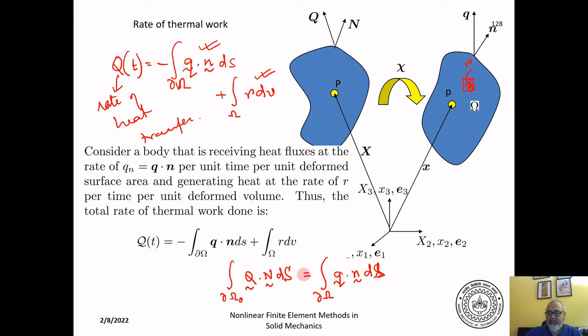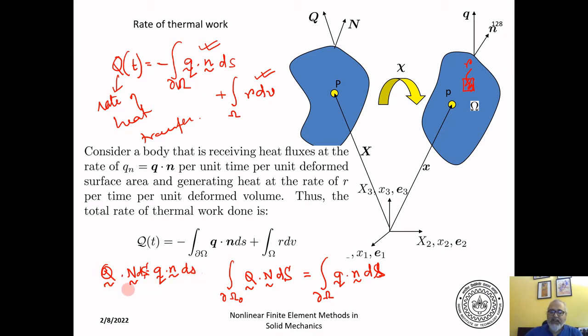So if this is assumed, then at every point, capital Q dotted with the reference normal is equal to small q dotted with the current normal, times d capital S and d small s.